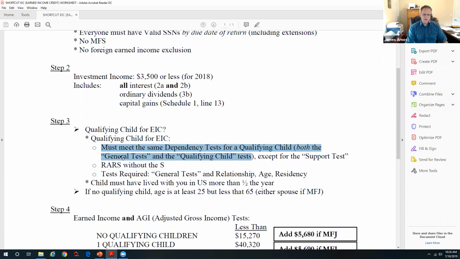So you have to meet all the general tests, and then you have to meet the qualifying child tests. What is the memory aid for the qualifying child tests that I gave you? RARS. You've got to think of a big cat roaring. Rar. What does the first R stand for? Relationship test.